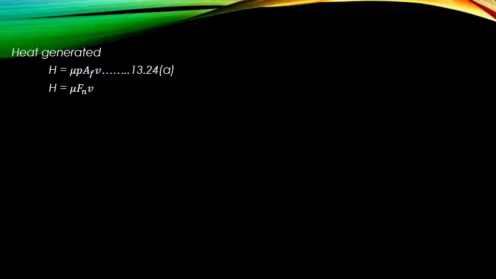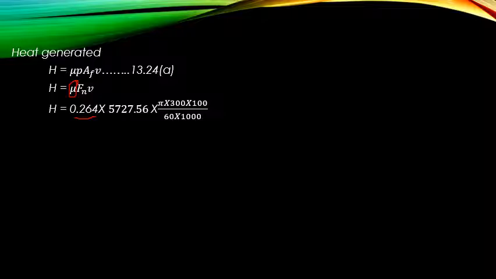So if we substitute for this, here in place of mu we use mu dash. So that is 0.264 into the Fn, that is 5727.56 Newton, and the velocity.